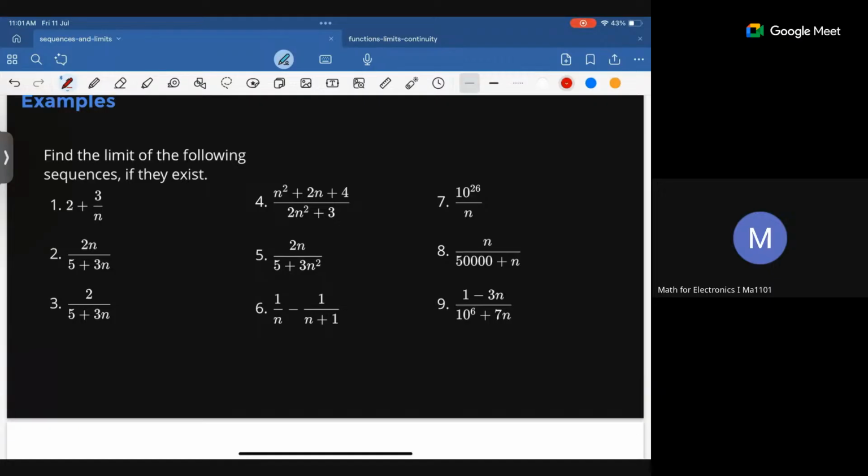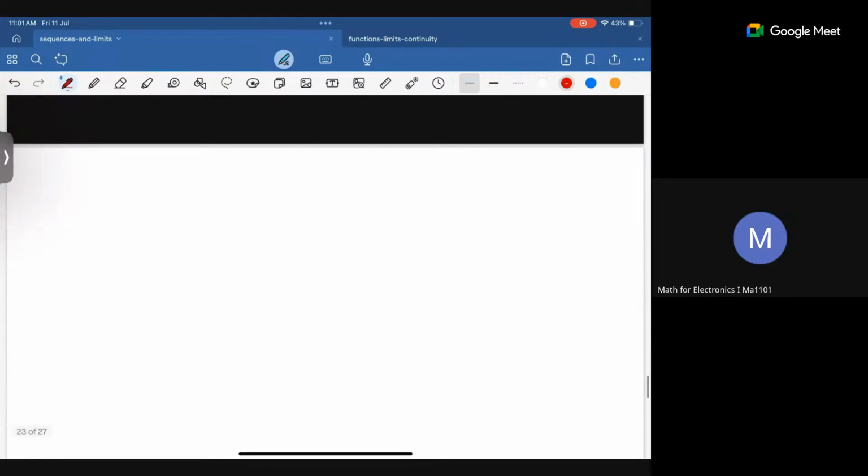So let's do this. Mostly you will encounter these kinds of problems. an is given as 3n^4 plus 5n^3 plus 6n^2 minus 3n plus 2, divided by 6n^4 plus 3.